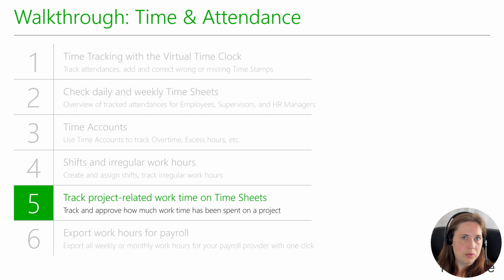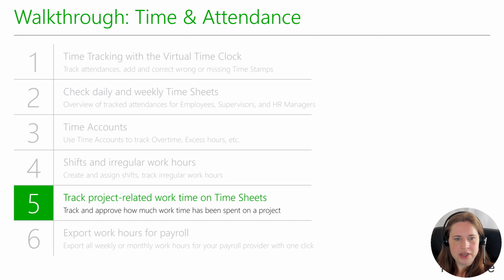But sometimes you may want to track how much time they spent on working on a project specifically. For example, if you have contracts with somebody external and they pay for a certain amount of work hours provided by your employees. In that case, you want to track how much time your employees spend specifically on that project by that customer.